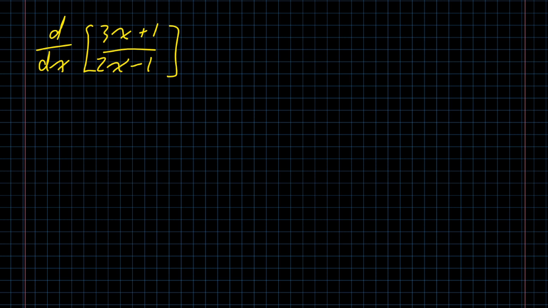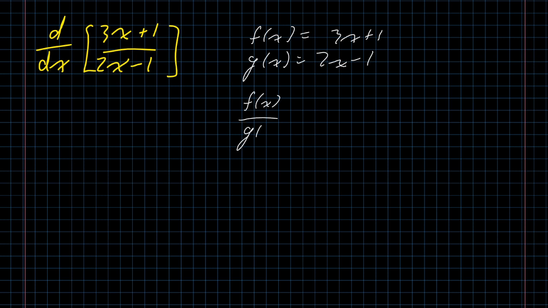In this case, when I'm looking at this, the thing I see right away is that if I let f of x be 3x plus 1 and I let g of x be 2x minus 1, then what I'm really dealing with is f of x over g of x.